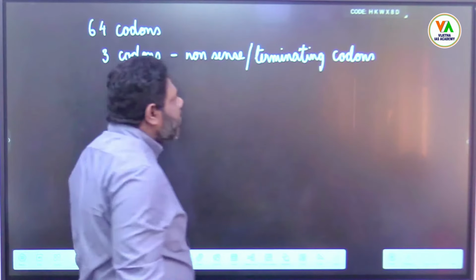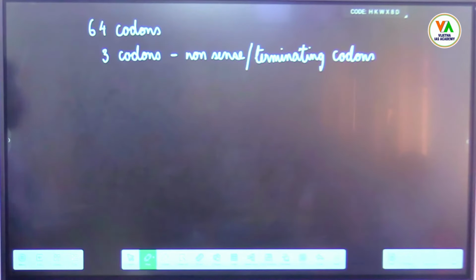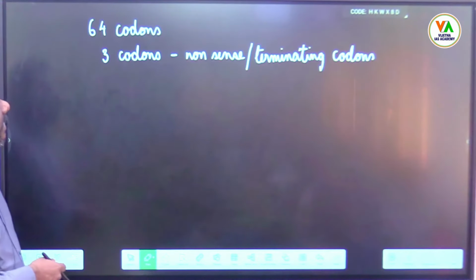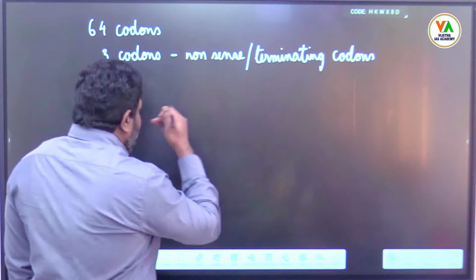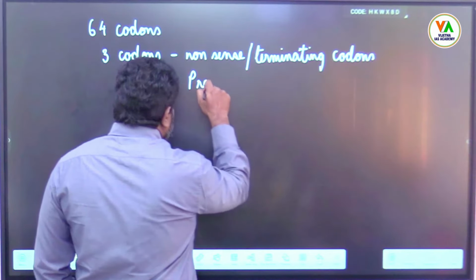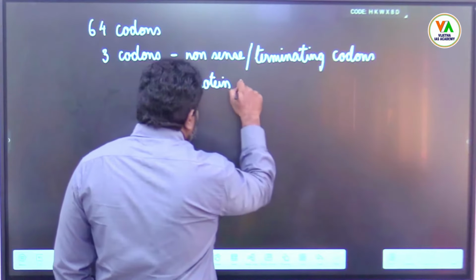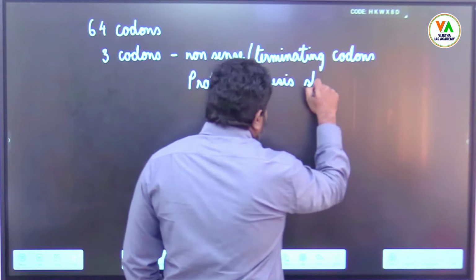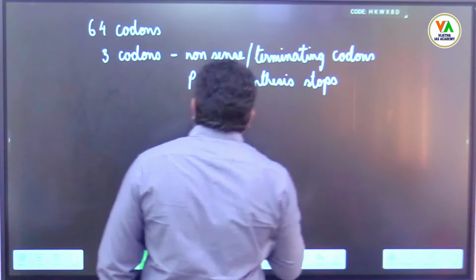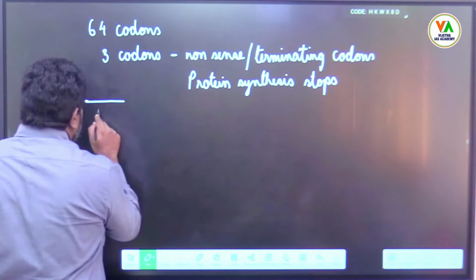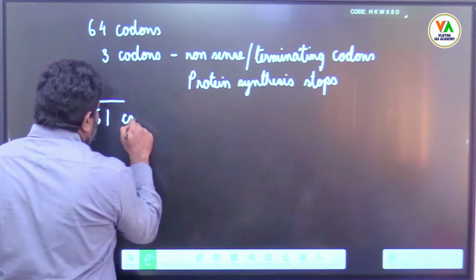See, protein synthesis stops when the ribosomes reach these terminating codons. So that is why they are known as nonsense or terminating. So once ribosomes reach these codons, protein synthesis stops. So out of 64, you remove 3, you have 61 codons.